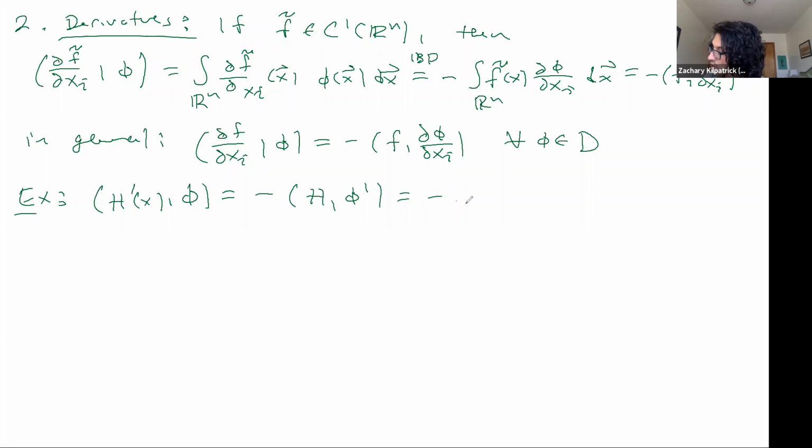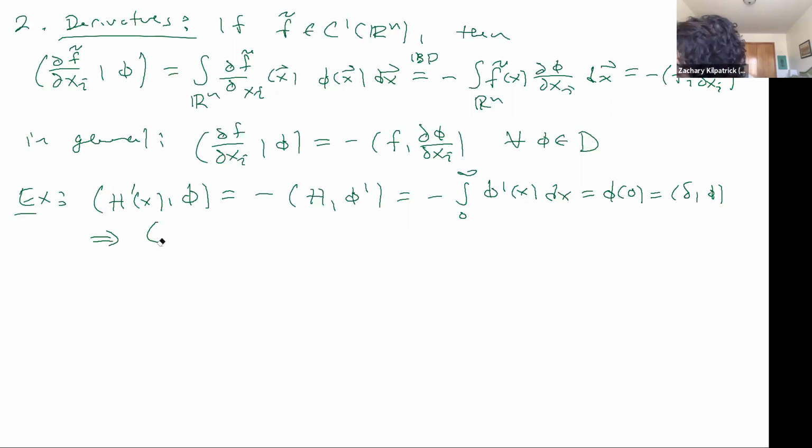So this is equal to minus the integral from 0 up to infinity of phi prime of x dx. I can use the fundamental theorem of calculus then to say that this just gives me phi of 0, and so this is equal to delta of phi. So this implies that the derivative of the Heaviside distribution is the delta distribution.